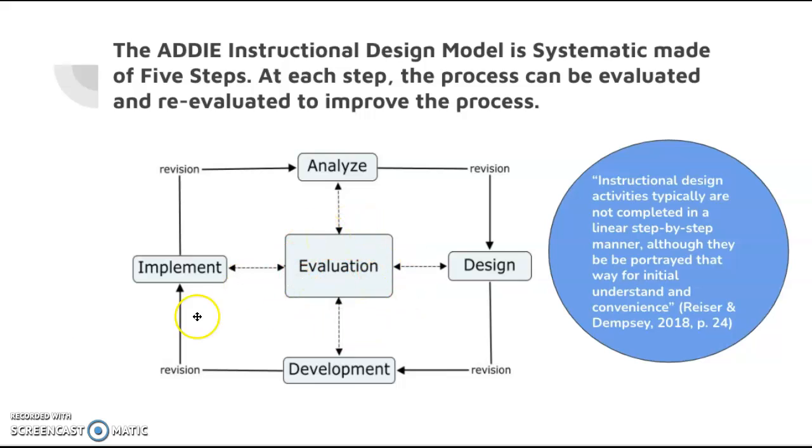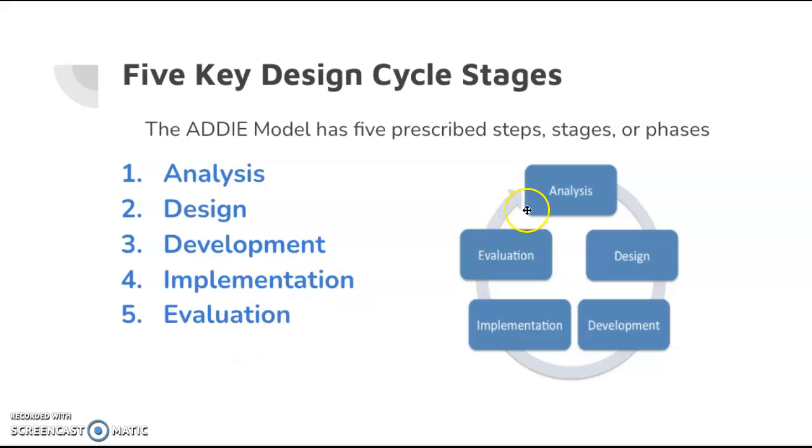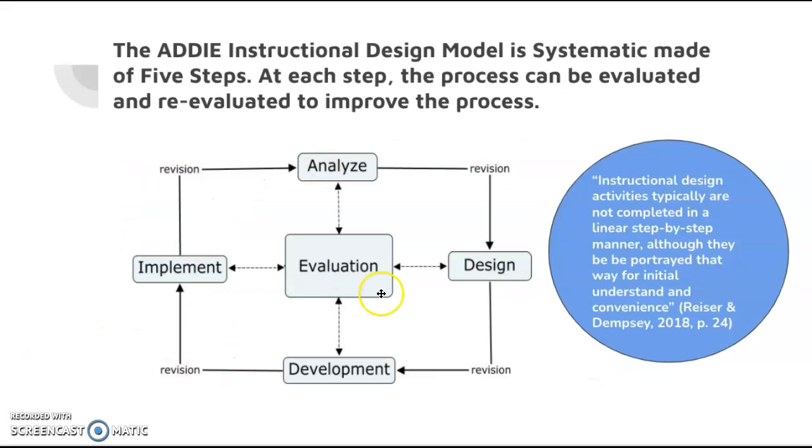So I don't want you to think of evaluation being the final step, as you can see in this step 5. Certainly with this design model, we can go back to evaluating at any point within the phase and plan for revision. So at each step, the process can be evaluated and reevaluated to improve the process.